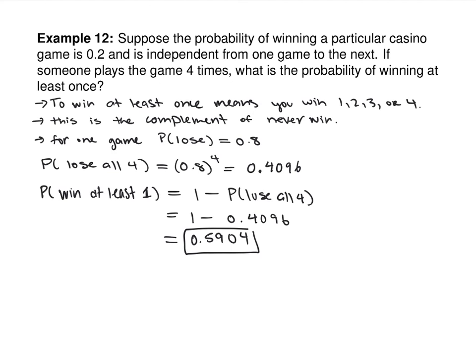But the tricky thing there is you have to recognize that this is both an application of the complement rule and the application of the generalized rule for events of and with independence. That's where this 0.8 to the 4th is. Really, we find the probability you lose on round 1, lose on round 2, lose on round 3, and lose on round 4.